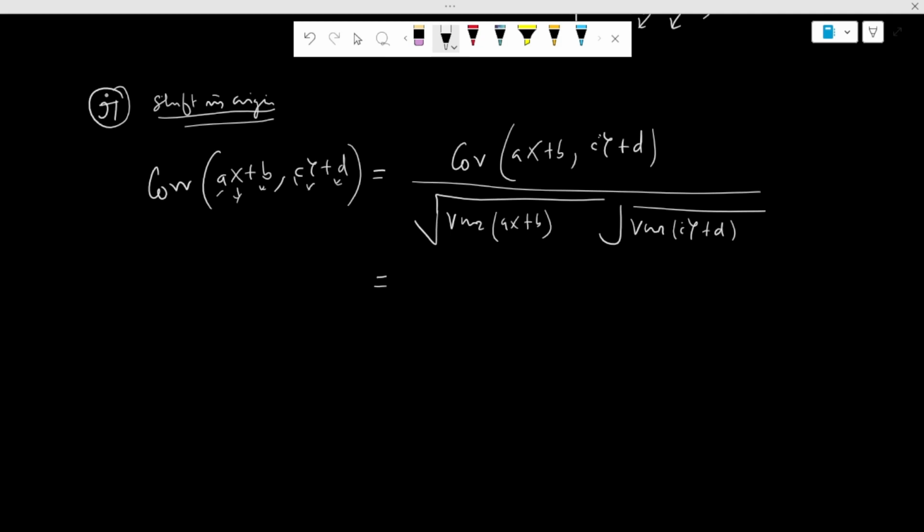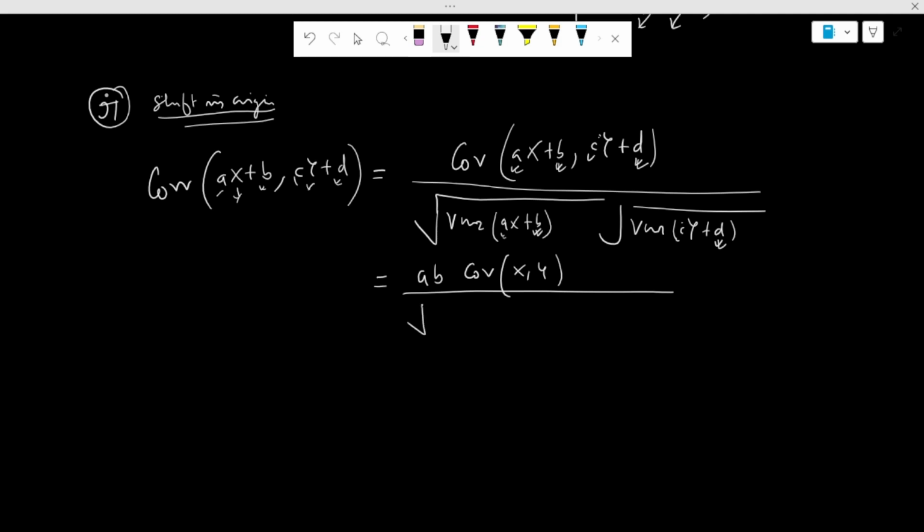As we have seen in our earlier video, the covariance is indifferent to this shift in the origin, and it is proportional to the product of these scalings. So this is equal to ac times the covariance of x and y. Also, the variance is not affected by the shift in the origin, but it is proportional to the square of the scaling.